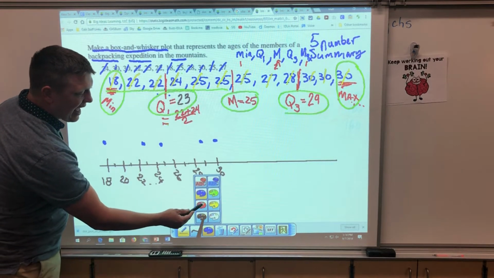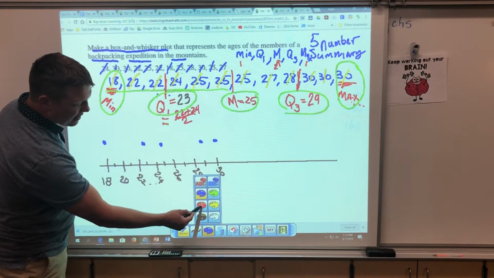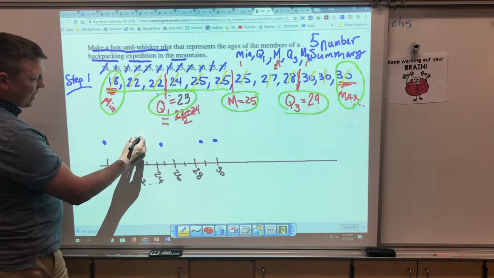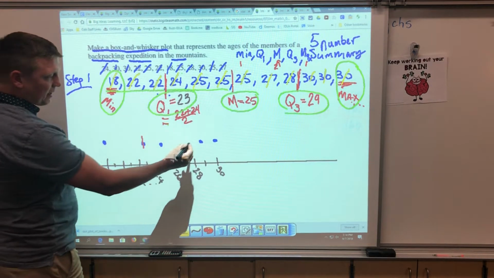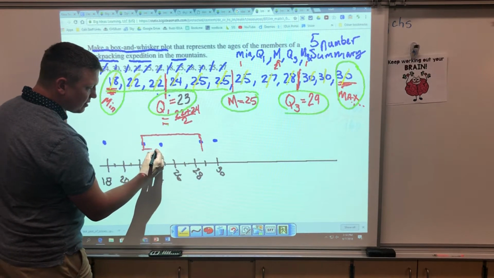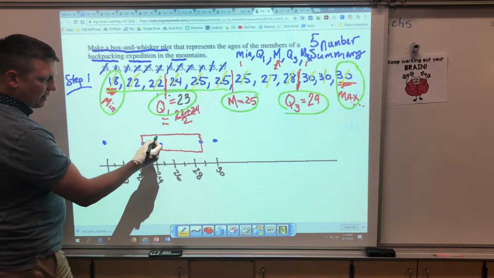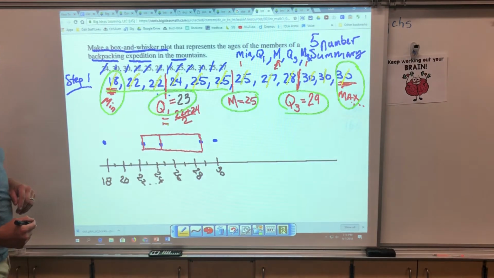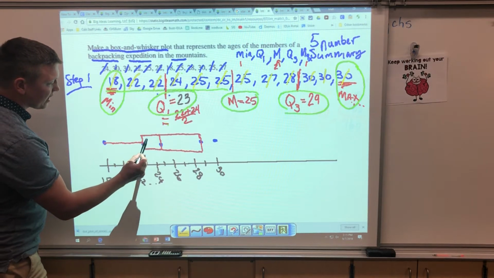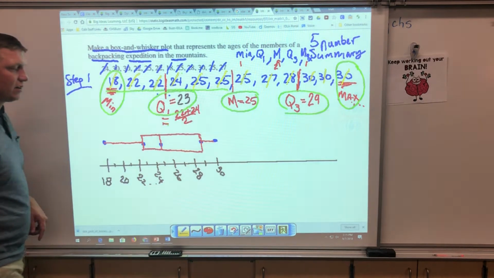Next step is to connect the box and connect the quartiles, or the whiskers. So right here I'm going to make a line, and then this makes your box. Your outer box goes like that, and then you have an inner part of the box. That's the box. Here's the whiskers. Whisker, whisker.